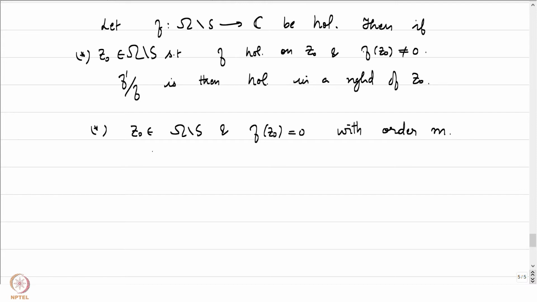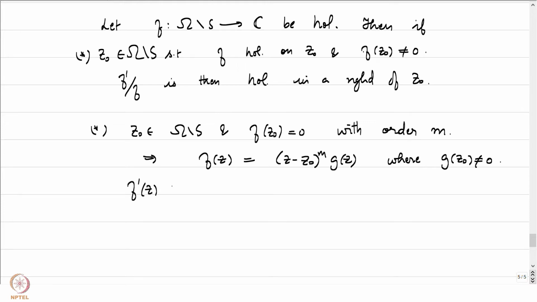What does that mean? That means that f of z is equal to z minus z0 to the power m times g of z, where g of z0 is not equal to 0. That is what it means for z0 to be a 0 of order m. And then we have f prime of z is basically m times z minus z0 to the power m minus 1 into g of z plus z minus z0 to the power m times g prime of z.